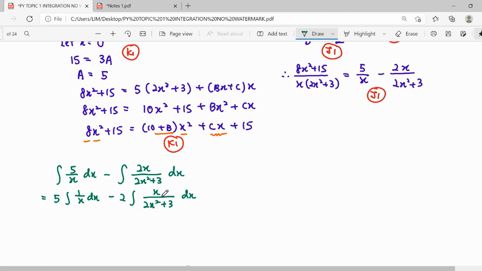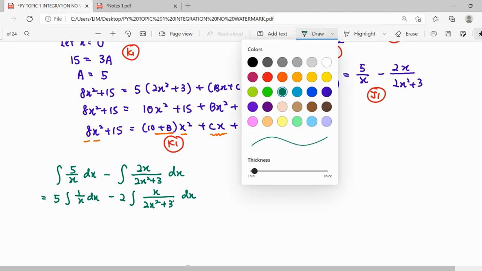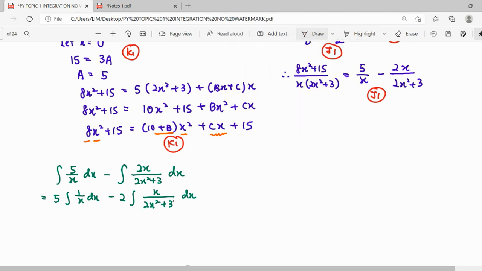So now we're going to check this. Okay, we check that function. It is our pattern. Our denominator is f(x), which is 2x squared plus 3. If you differentiate it, it's supposed to get 4x. What we have here are the same type of function, which is linear function.